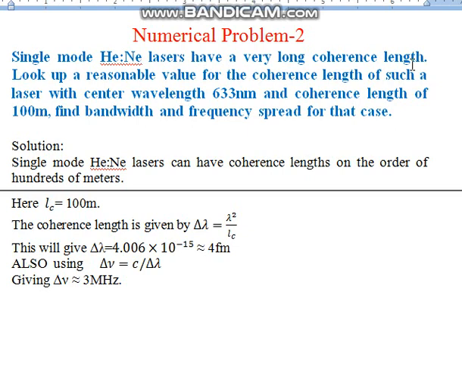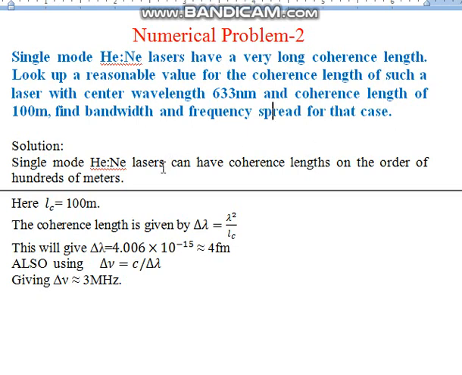So look up a reasonable value for the coherence length of such a laser with center wavelength lambda, the mean wavelength, and a coherence length of 100 meter. Here they take the coherence length equal to 100 meter. Find the bandwidth, which means delta lambda, and the frequency spread, delta nu, for that case.